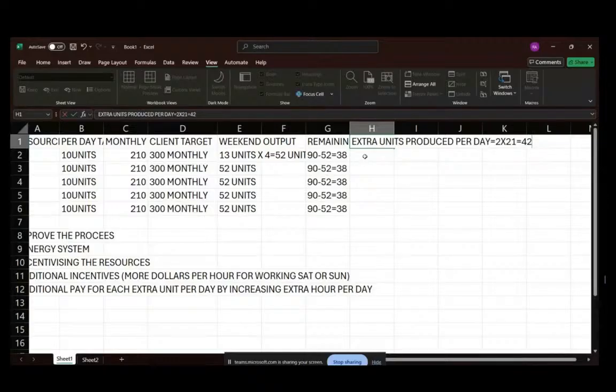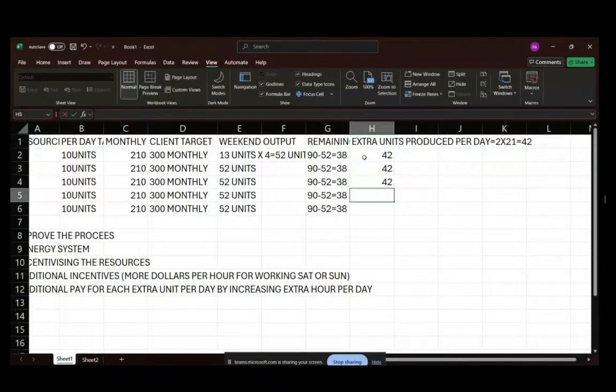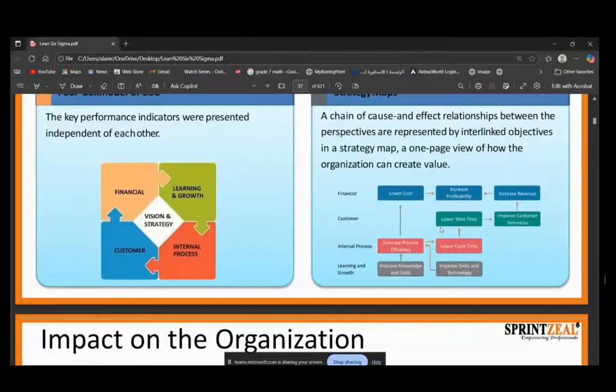Now, you have this resource, okay? Now, there is an issue. There is a client who is giving you a project where they are giving you a monthly target of 300 per person.